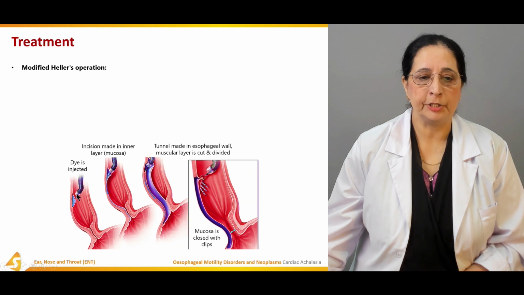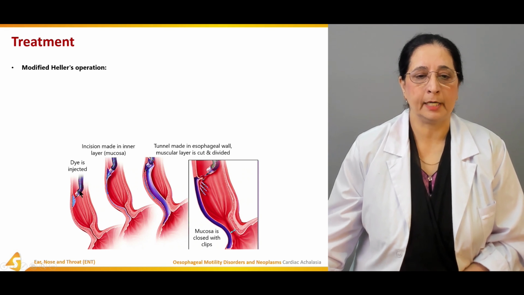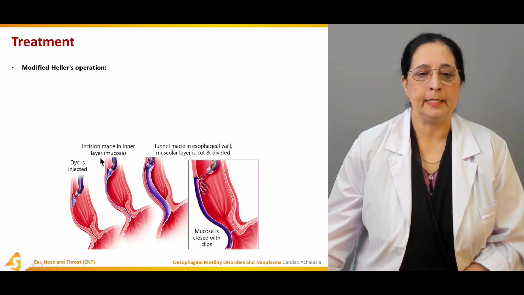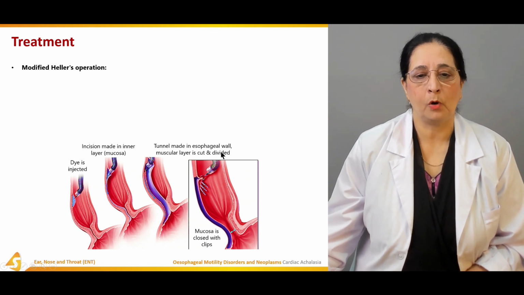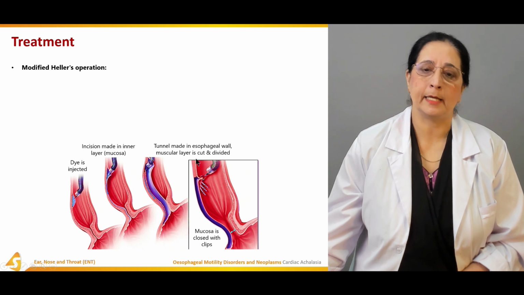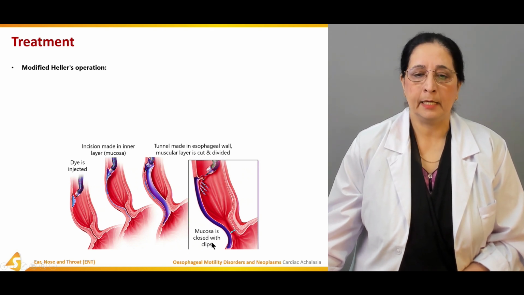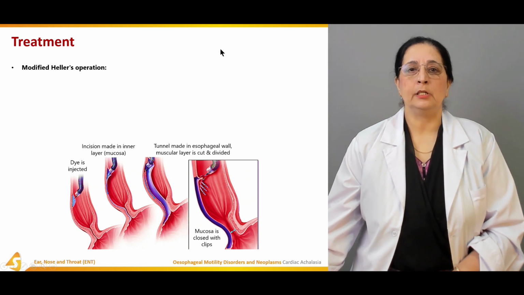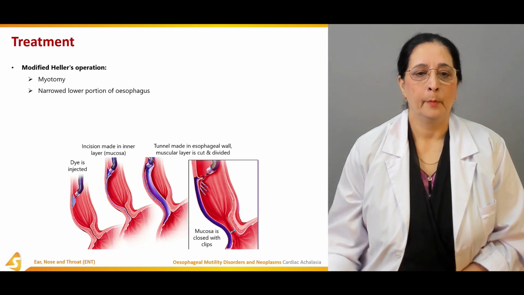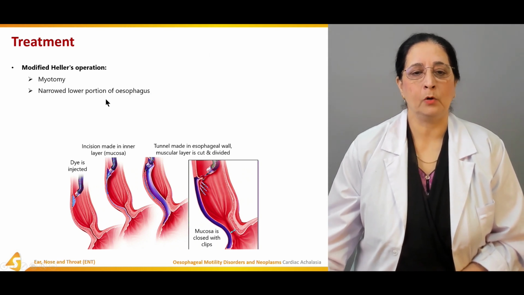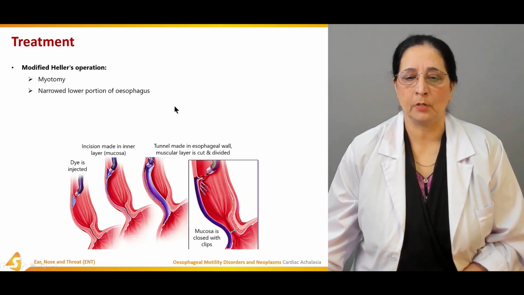Dye is injected here, an incision is made in the inner layer of the esophagus, which is the mucosa, and then a tunnel is made in the esophageal wall, the muscular layer is cut and divided, and then the mucosa is closed with a clip. So that's the procedure that is performed for the treatment. Myotomy of the narrowed lower portion of the esophagus.